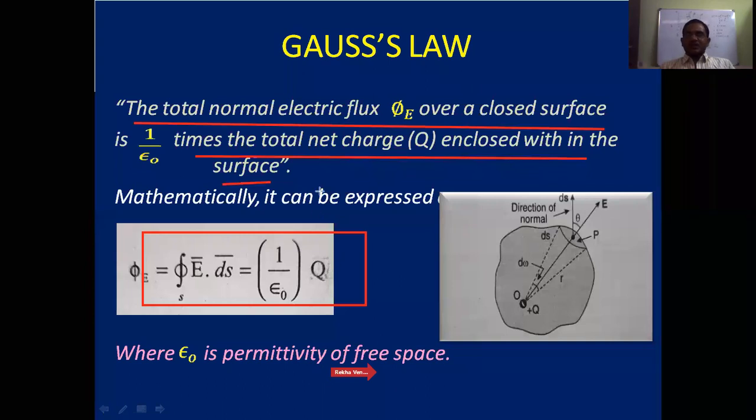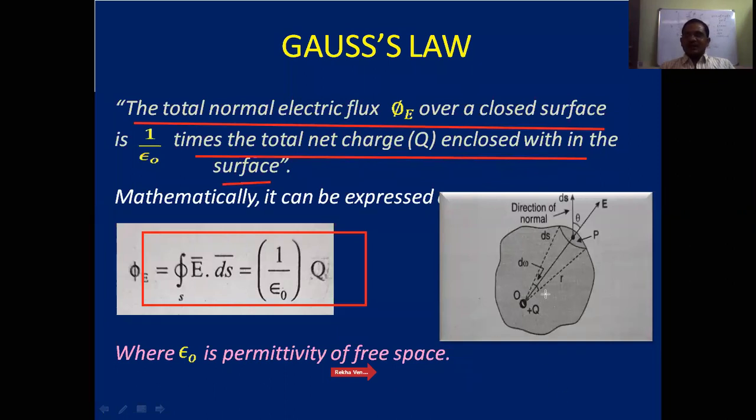When the charge is placed in free space, air or vacuum, we use this formula. E bar dot ds bar represents what? This is the electric flux through this closed surface. That means the number of electric lines of force coming out normally through the given surface.